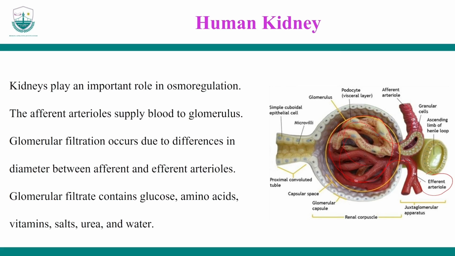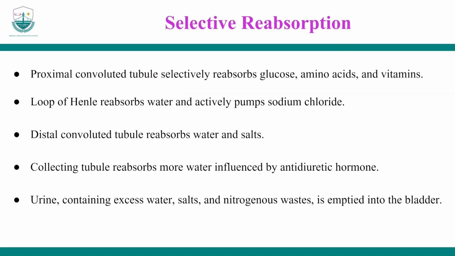That means that the glomerular filtrate actually contains some of the things that we need for osmoregulation. So they need to be reabsorbed, such that the water level and mineral balance are maintained.